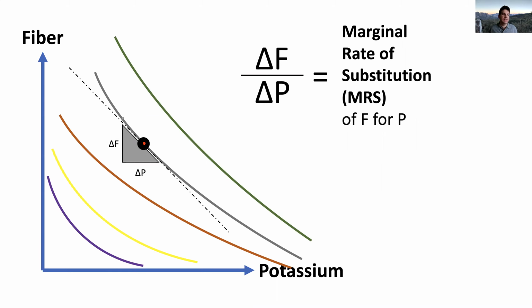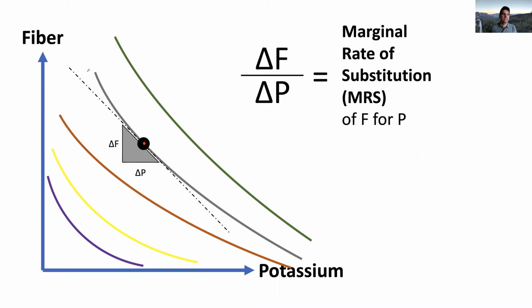And so that tells us the slope of the tangent line at any individual good. So this line that I've drawn here represents, if you had an apple or anything like that, if I increased the amount of fiber by a small amount, then how much potassium would you be willing to give up? And that gives you the slope of the tangent line there.